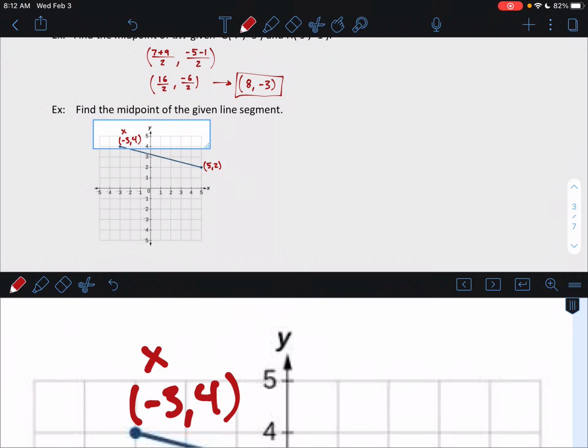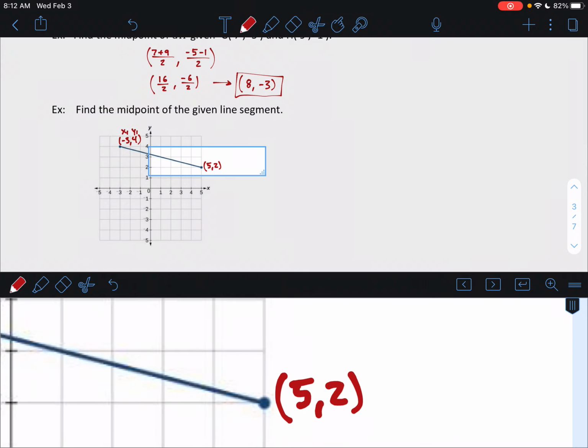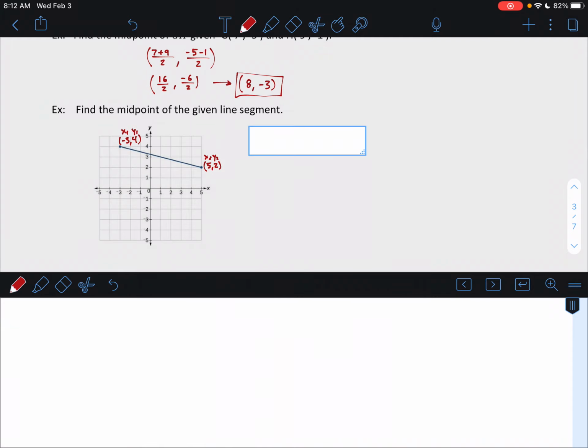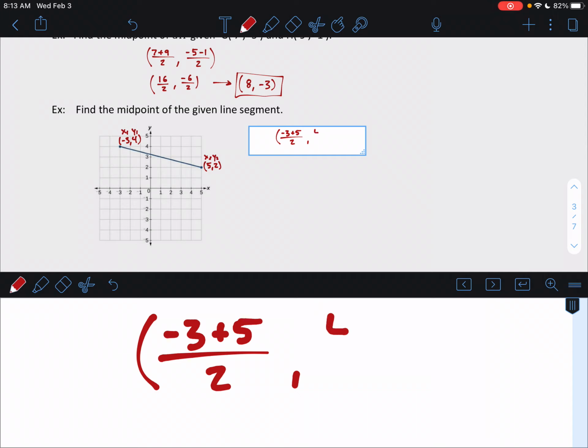So this will be my x1, y1, my x2, y2. I'm going to plug that into the midpoint formula. So x1 plus x2, so negative 3 plus 5 over 2. And y1 plus y2, so 4 plus 2 over 2.